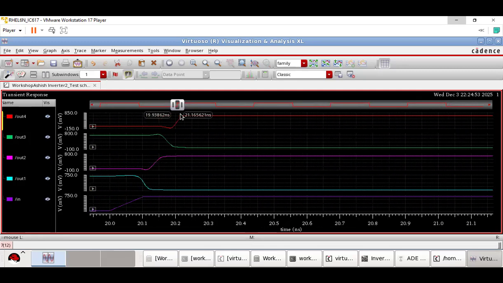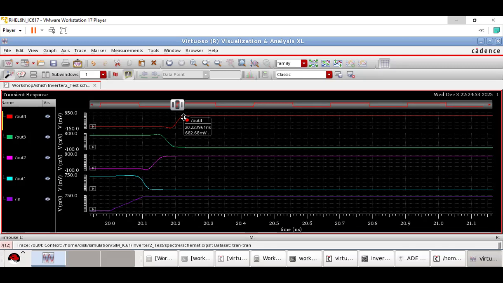You see this. This is input, this is first output, this is second output, this is third output, this is fourth output. So the input was at 20 nanoseconds. The first output is on 20.11, the second is on 20.16, third is on 20.19, and fourth is on 20.22.